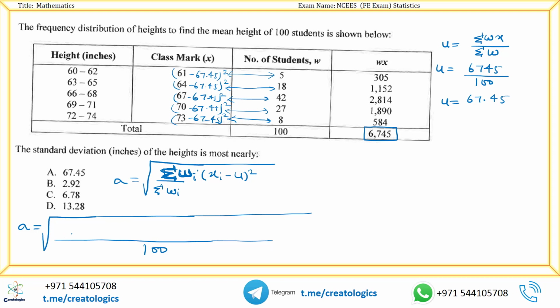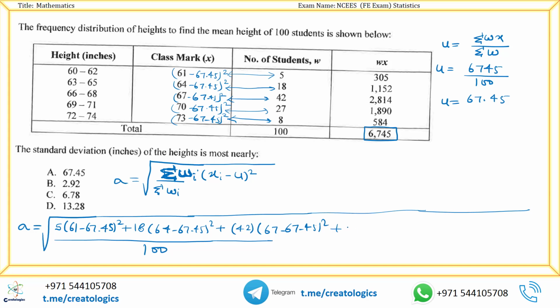So we will have 5 times 61 minus 67.45 whole square, plus 18 times 64 minus 67.45 whole square, plus 42 times 67 minus 67.45 whole square, plus 27 times 70 minus 67.45 squared, and lastly 8 times 73 minus 67.45 squared.